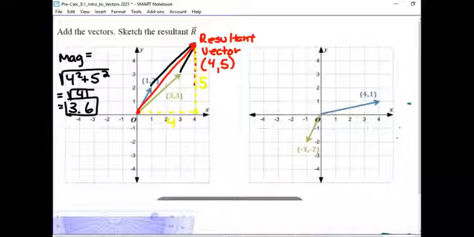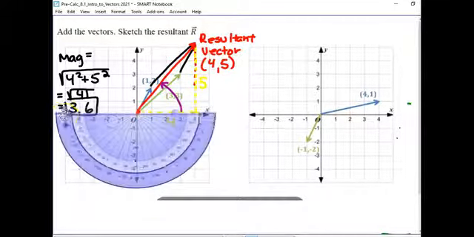Now the direction relative to 0, if you remember from what we did before, it looks like this, right? It's the angle that's formed with the x-axis. Now there are 2 different ways we can write this. First of all, we're going to measure it.